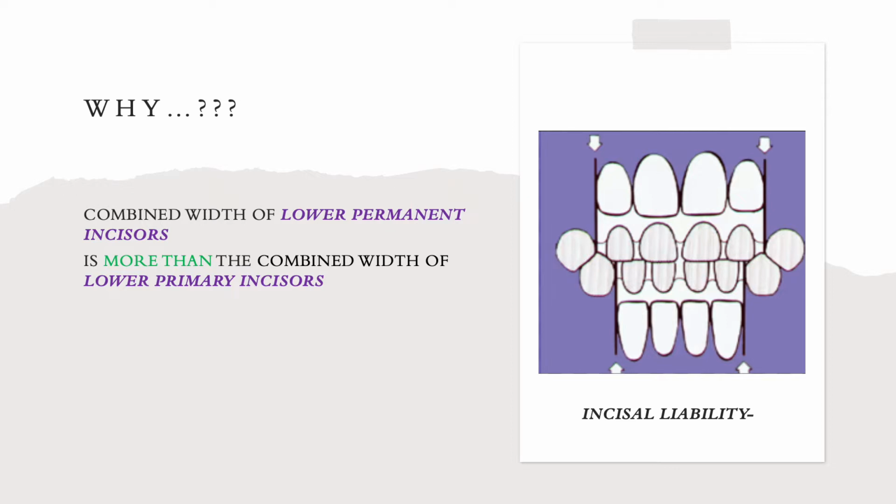They are narrower when you compare them to their permanent counterparts, the permanent lower incisors. Because the permanent teeth that have erupted are wider, obviously the space is less, and this causes irregularity in teeth arrangement.